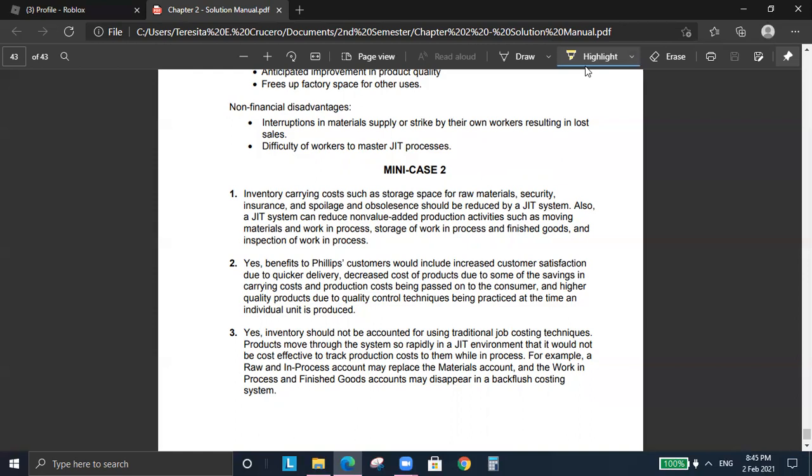The controller, Joanna Boto, was asked to prepare a report estimating any expected cost savings and changes to the accounting system resulting from a move to JIT. So if you have to refer to the scenario, we are given the scenario on page 98.